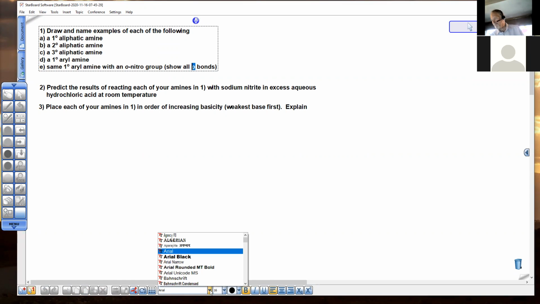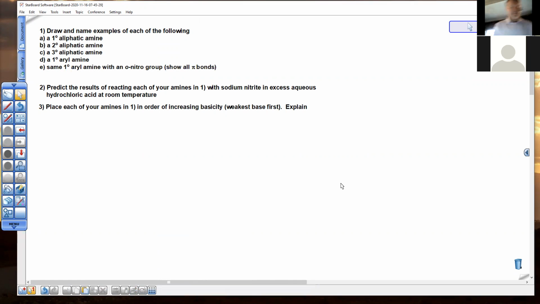We need the symbol font. Actually, you should go to the letter T and then go up one. Yeah, that's the fastest way. There you go. So we're supposed to show all pi bonds. I want you to be able to draw a nitro group is what I'm trying to say.